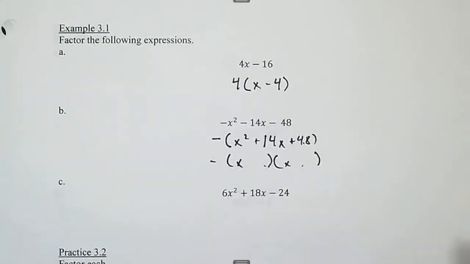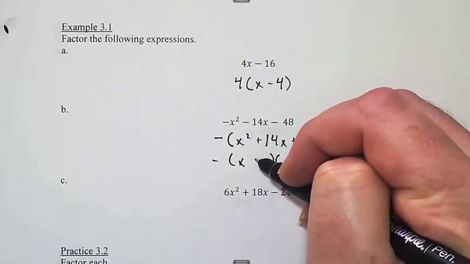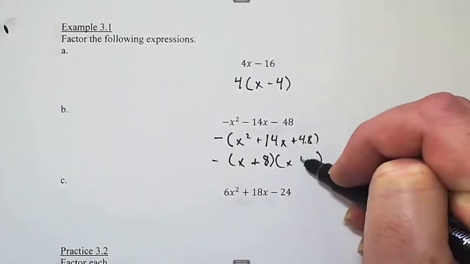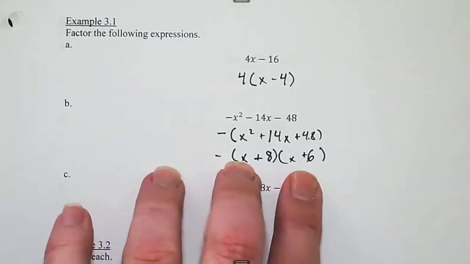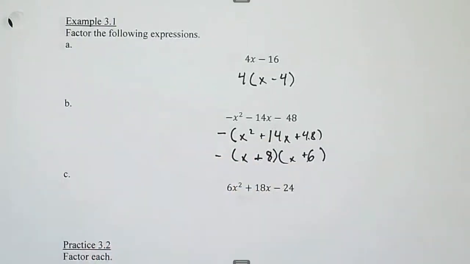So things that multiply to 48 are 1 and 48, 2 and 12, 2 and 24, 4 and 12, right? What else? 8 and 6. So I'm going to use 8 and 6. Because 6x plus 8x is 14x. All right, let's try the next one.